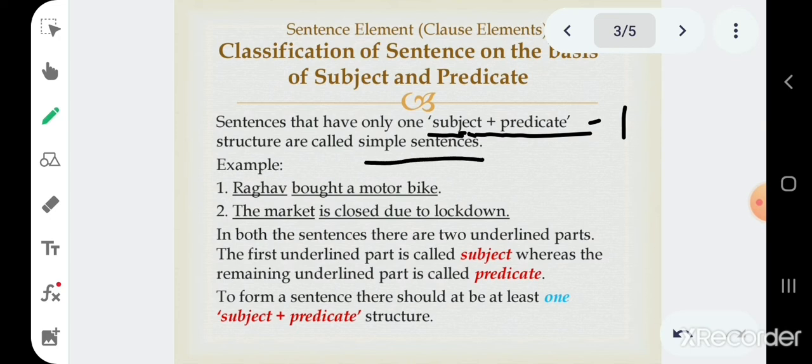Now here we have taken one example. What is the example? Raghav bought a motorbike. This is a sentence.